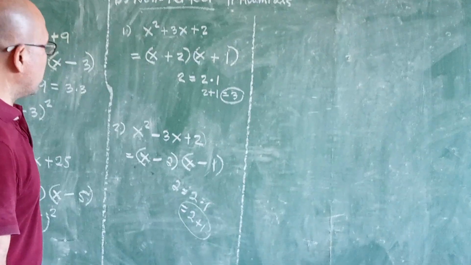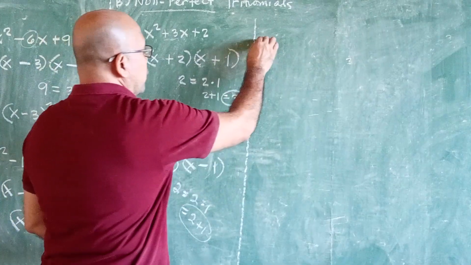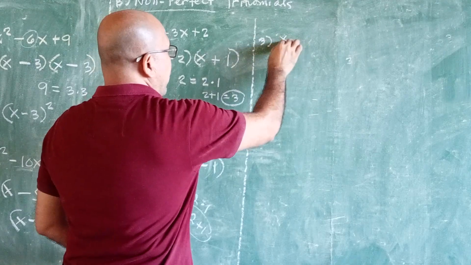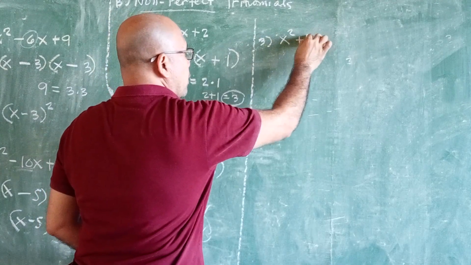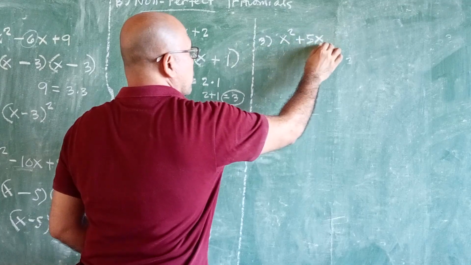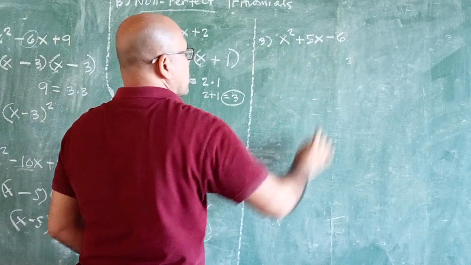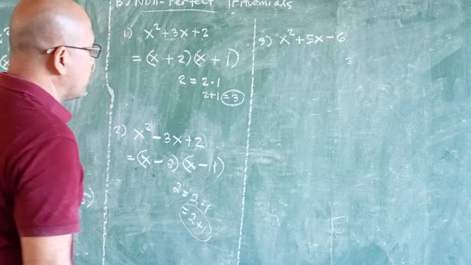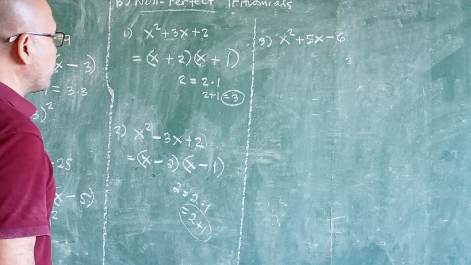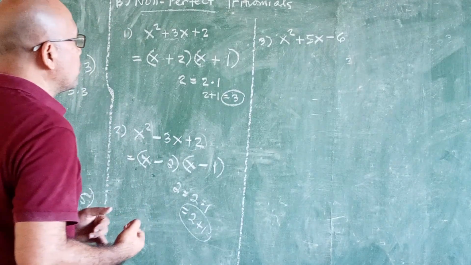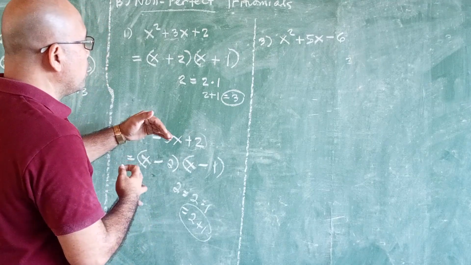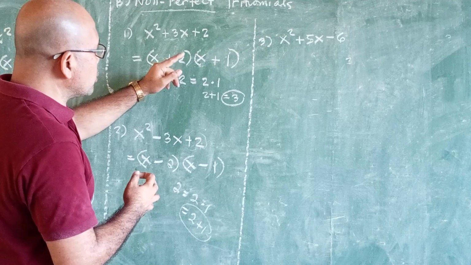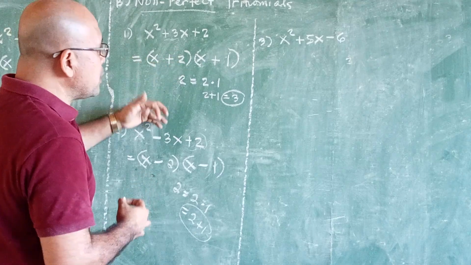Another one, supposedly you have x squared plus, shall we say, 5x minus 6. As you can see, I am trying to present trinomials where the order of the operations is not the same.